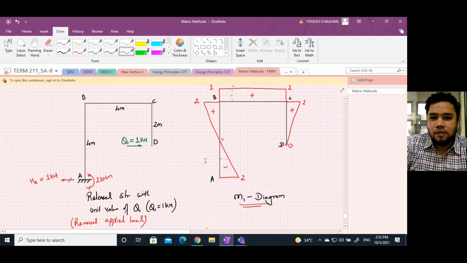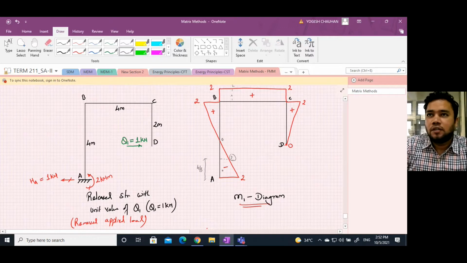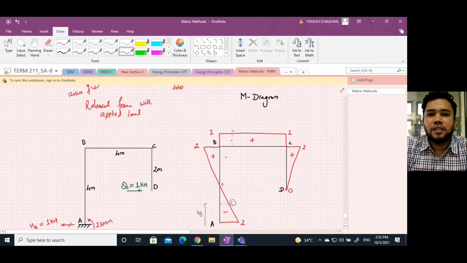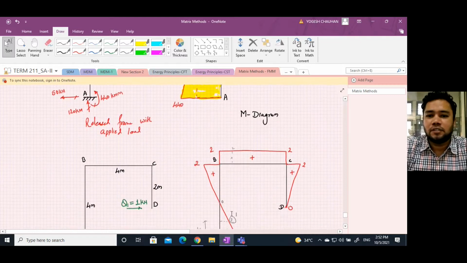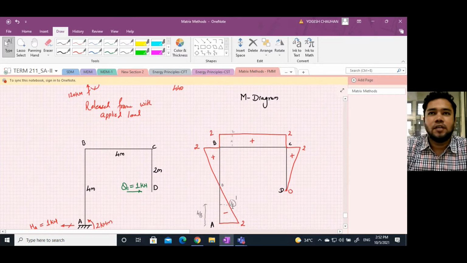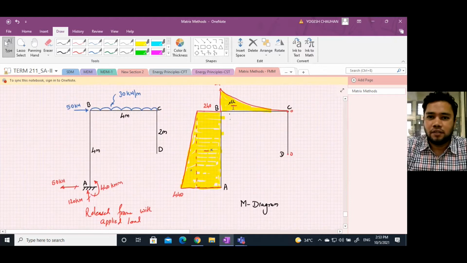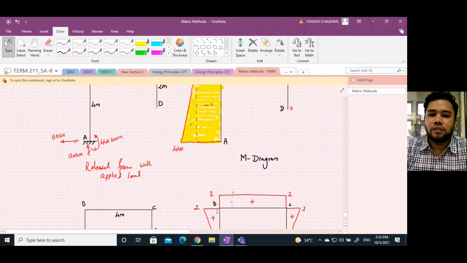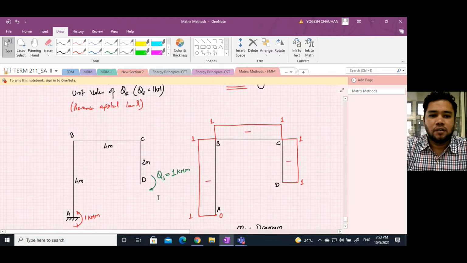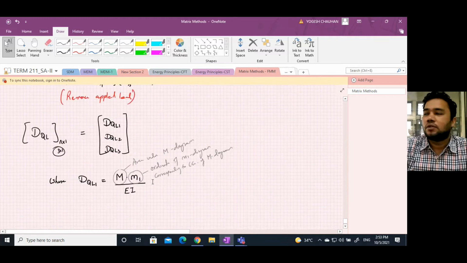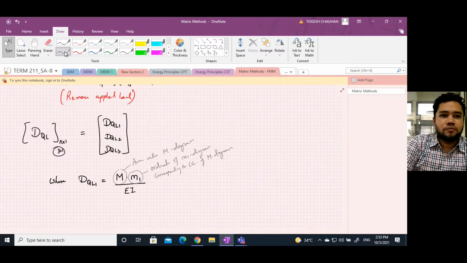At 4 by 3, what is the ordinate? You find it out, and multiply the area of this triangle with this ordinate. The sum of all these products will give you DQL1.